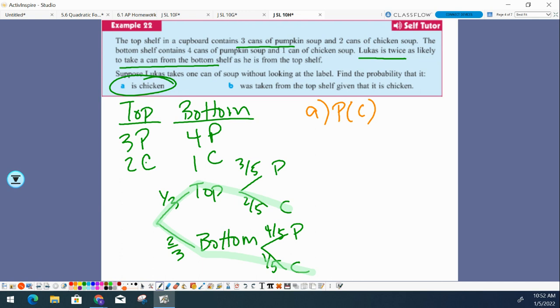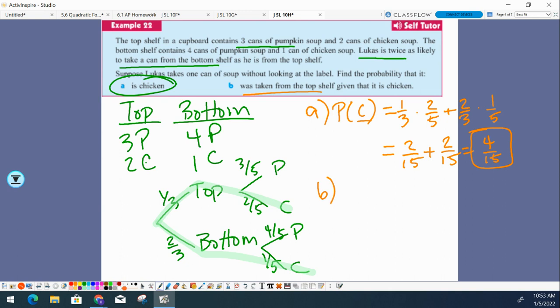So if I do the top, that's 1/3 times 2/5 plus adding in the bottom, 2/3 times 1/5. There's no conditional in letter A, it's just the probability of chicken. So that's 2/15 plus 2/15 is 4/15. So our probability of chicken total is 4/15.